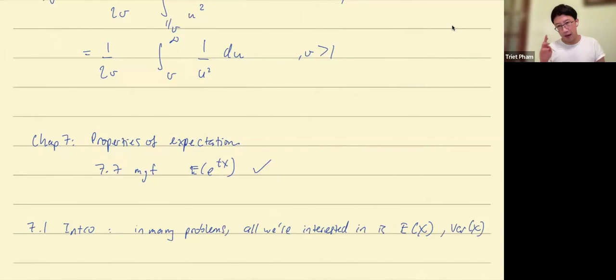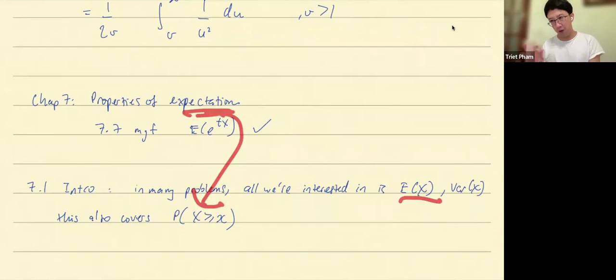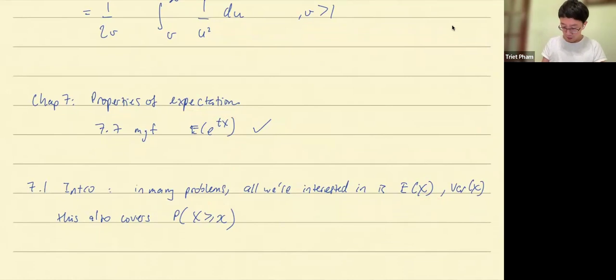And notice that actually this also covers the probability of X bigger than or equal to x. So maybe the first thing to mention is that expectation covers probability as a sub area, even though the technique may or may not apply to it. Here's the reason. So probability is an expectation.